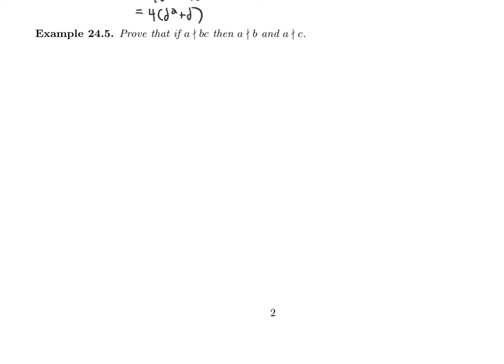Okay, now that we're back, let's look at this result. It's saying if A doesn't divide BC, then A doesn't divide B, and A doesn't divide C. The way I'm thinking about this is it's hard to write down that one number doesn't divide another. You can do it with something called the quotient remainder theorem.